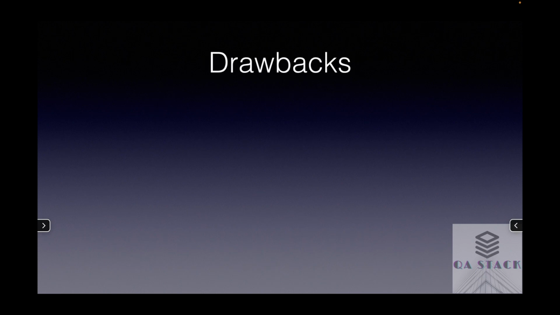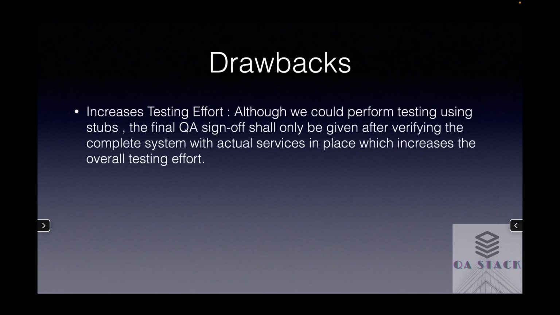Now, there are some drawbacks of stubs as well. The first thing is you need to take care that even if you are testing with stubs, the final QA sign-off has to be given only after testing a complete round of sanity with the actual services in place, without any stubs.